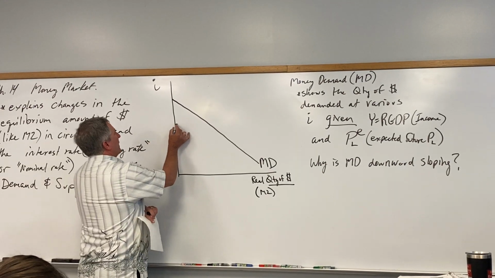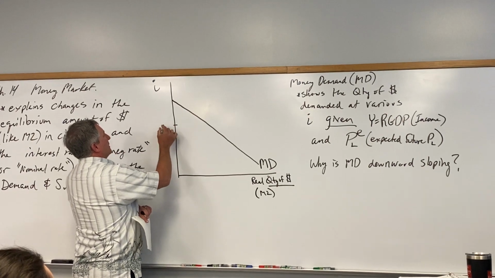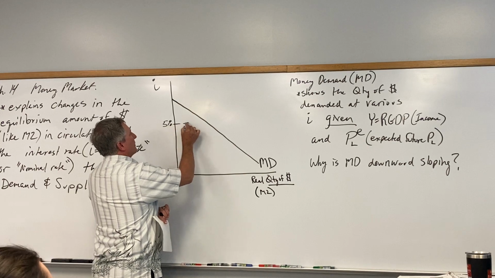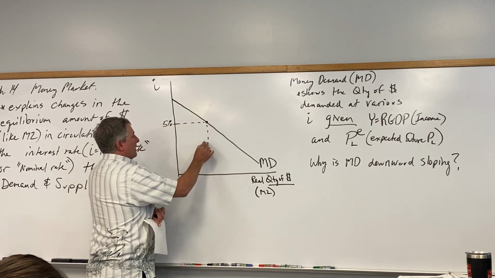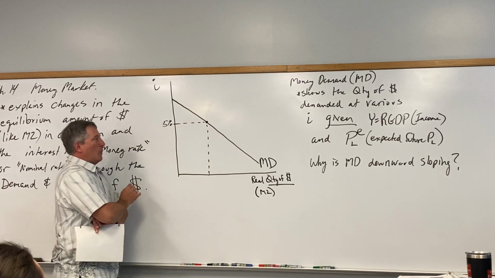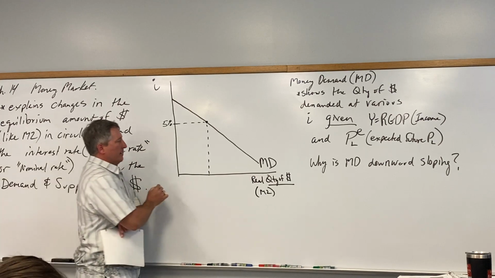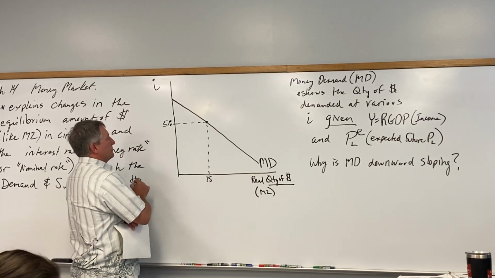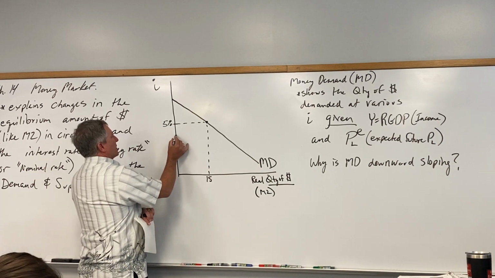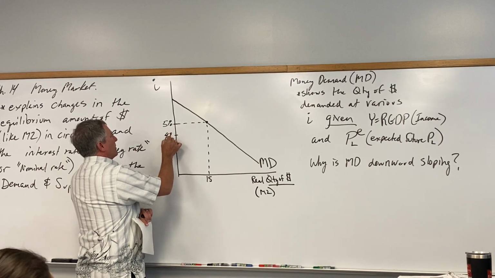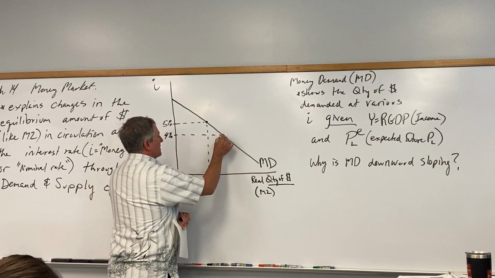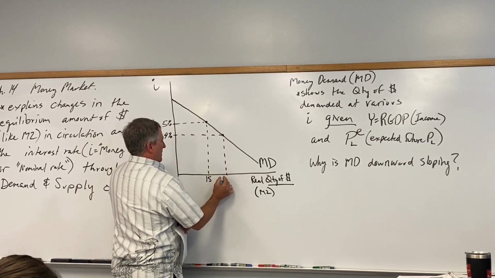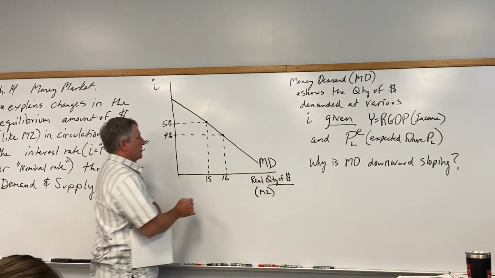So if we have an interest rate of 5%, people would like to hold their wealth in the form of money to, let's just call it 15 trillion. And if the interest rate falls to 4%, they're holding 16 trillion.